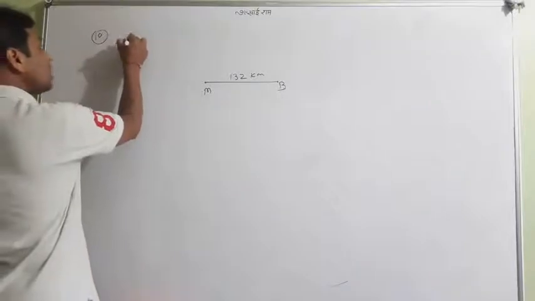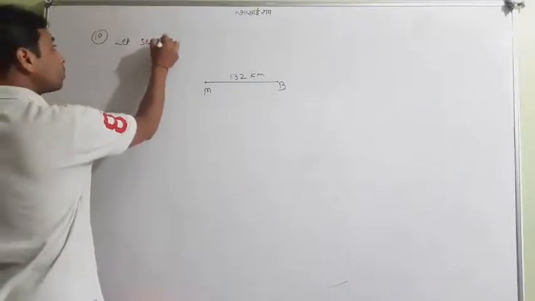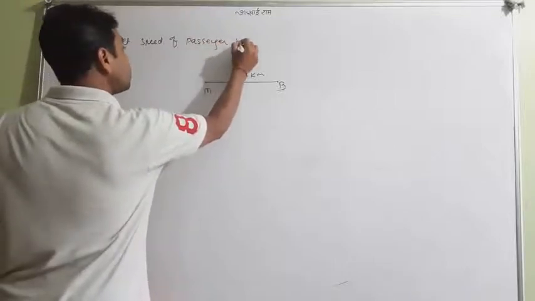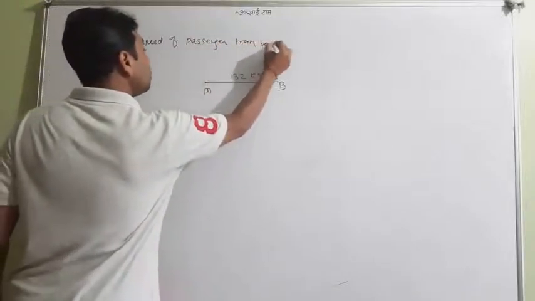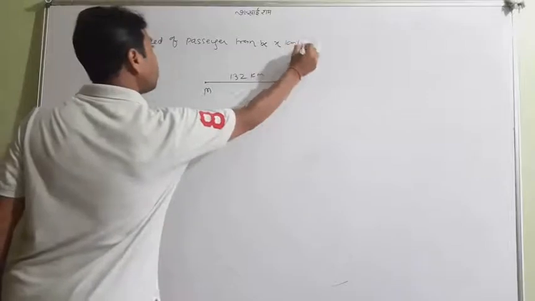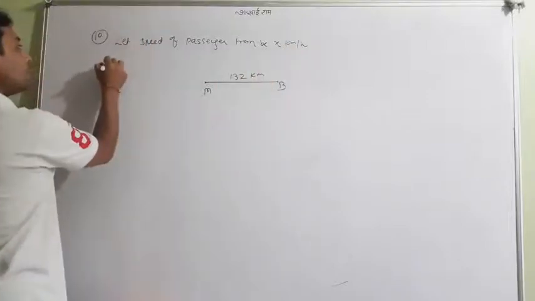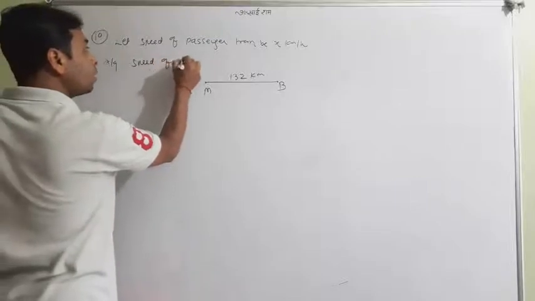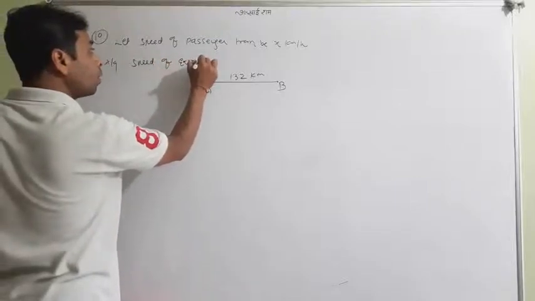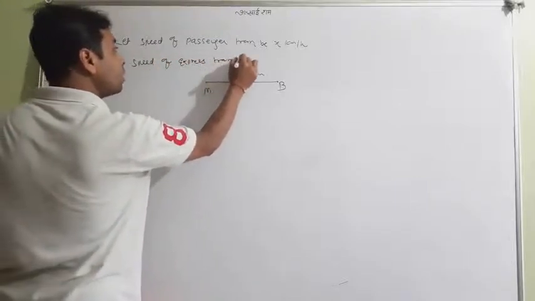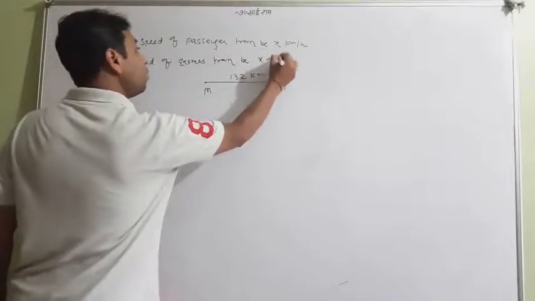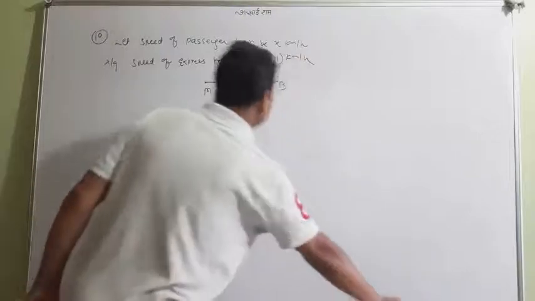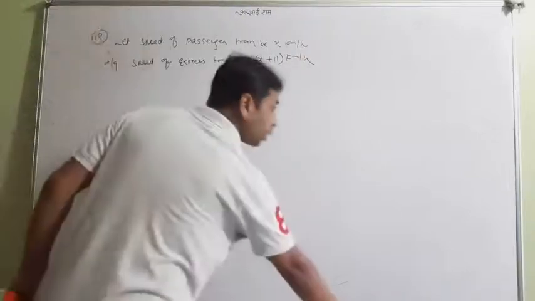Okay, so let the speed of the passenger train be x kilometer per hour. So as per the question, the speed of the express train will be 11 kilometer more than the passenger train, meaning x plus 11 kilometer per hour.